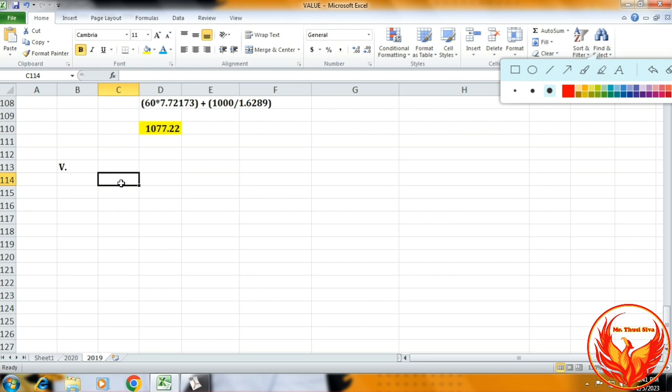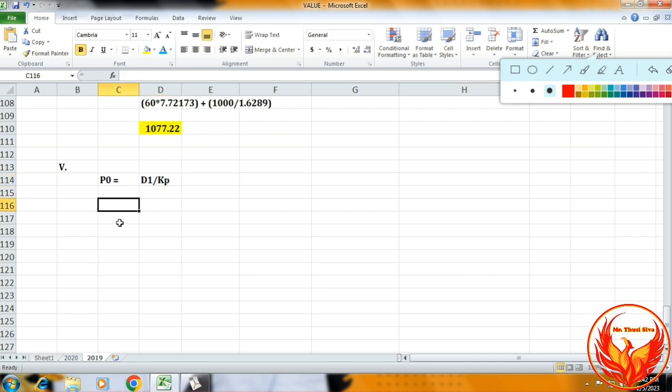Now we can find the preference stock value through this equation. P0 equals D1 divided by KP.